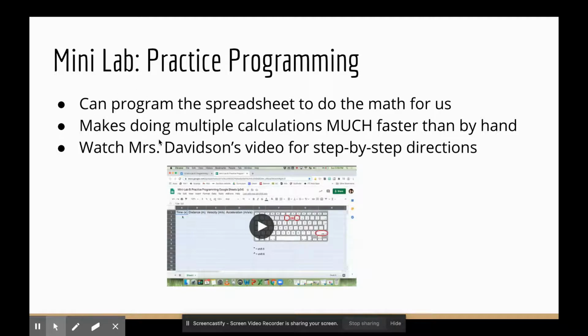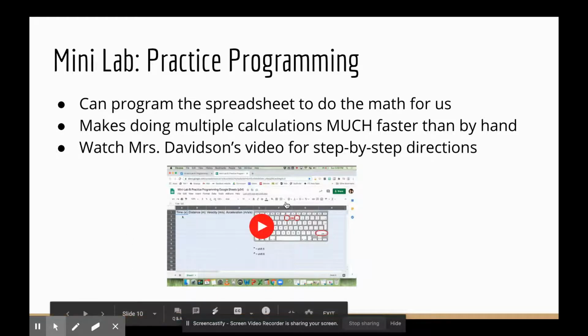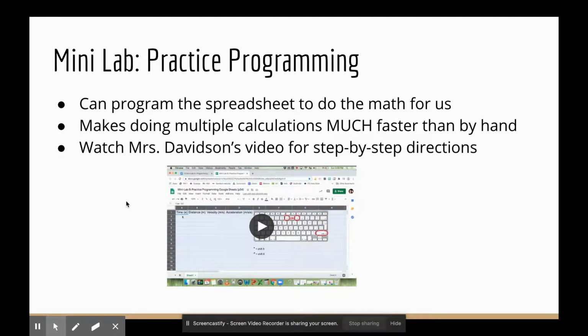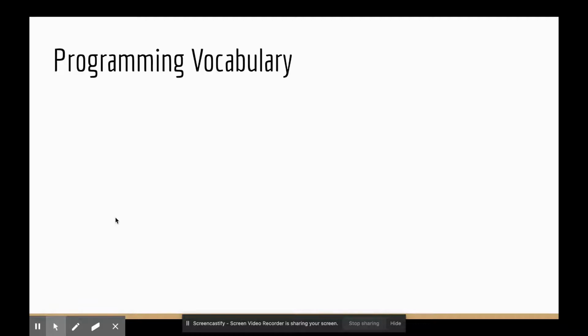There is a video linked on the Google Classroom assignment. If that doesn't work, the video is linked down here where Mrs. Davidson gives you step-by-step directions that you can follow exactly and type in exactly what she is typing.